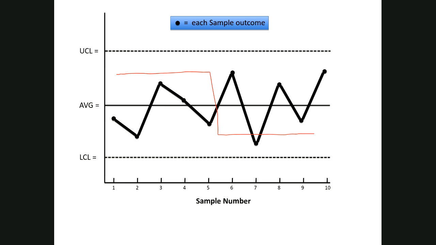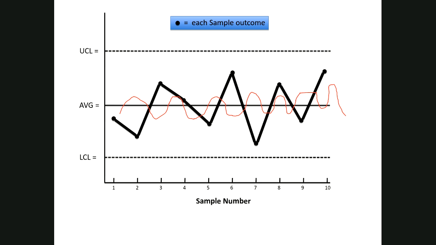Another kind of pattern would be a regular one, and this one almost looks like a sine wave in particular.